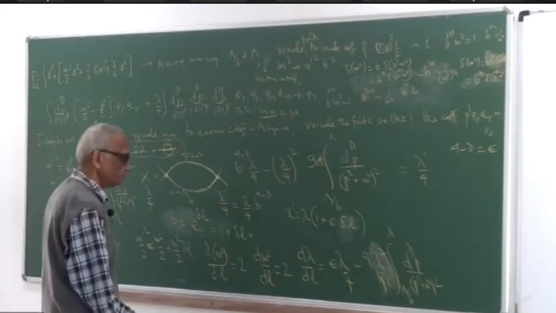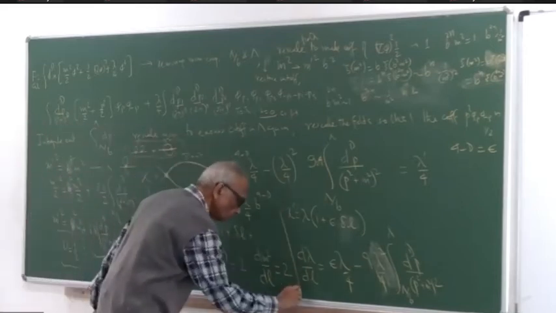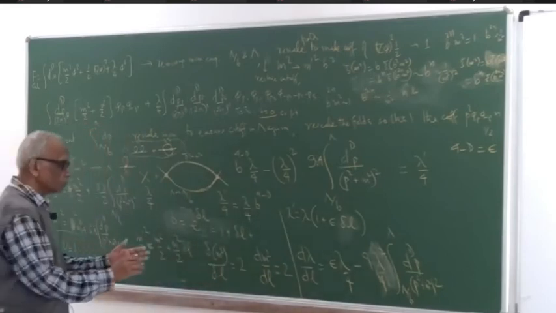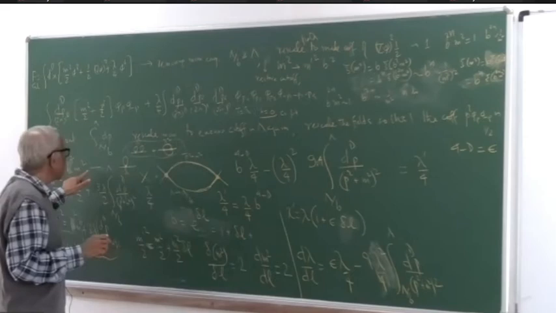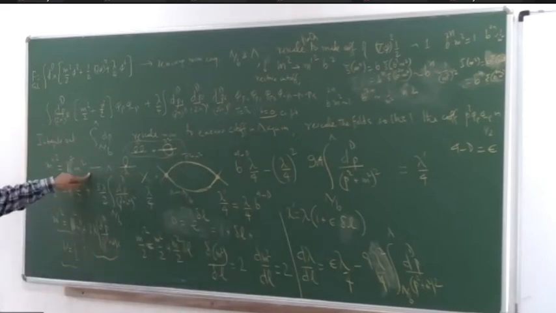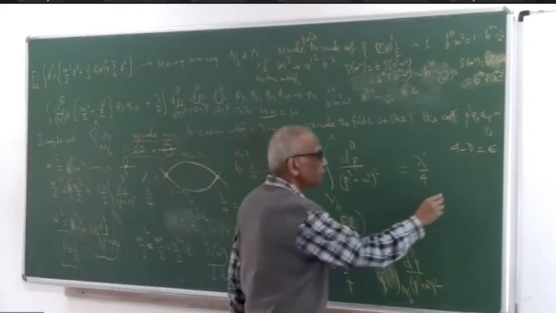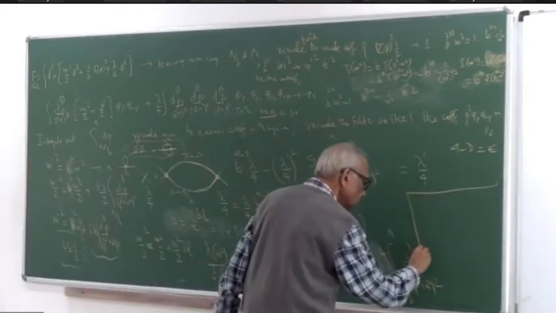Now see the game. So d M squared by d L is 2. That's from this. The next term, d M squared by d L, has to come from here, right? So let me write things at this point.